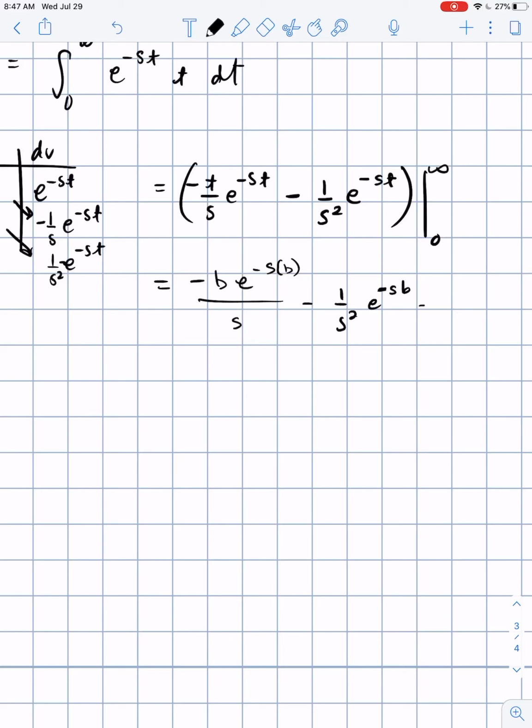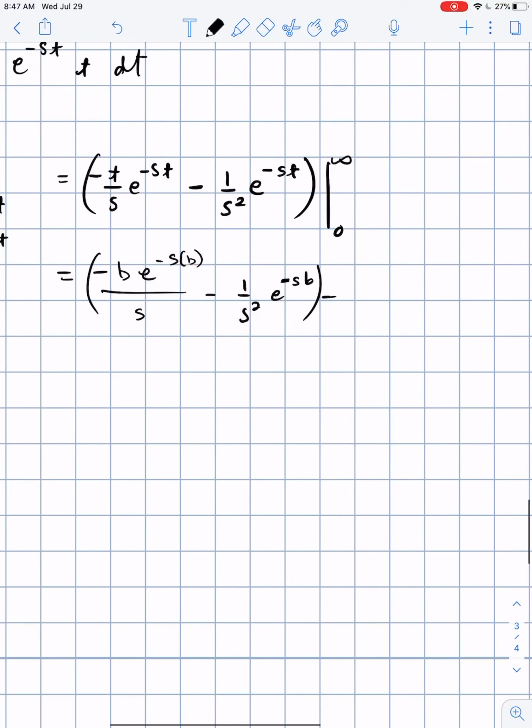And then minus, you're plugging in 0, so it'll be 0 minus, and then it's going to be a 1. So you'll be left there. Again, with these terms, they go to 0 because you're going to infinity. So we're just going to be left with 1 over s squared.